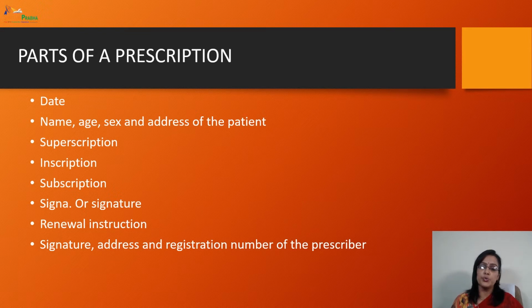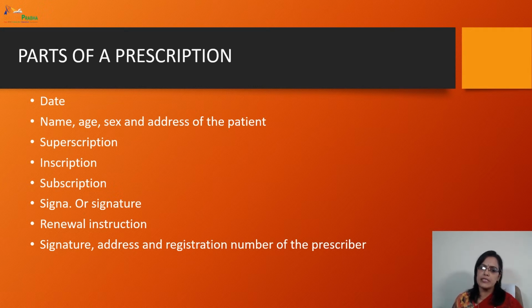Now moving to the parts of prescription. As I told you, it is a written order from the registered medical practitioner, that means our doctors. So it has some parts and it has to be written in proper order. First, date, name, age, sex and address of the patient, written on the top of the prescription.